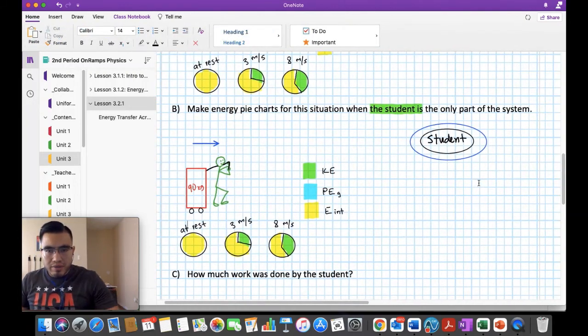If the student is the only part of the system, then I need to change my pie charts because the student starts at rest, internal energy, right? Now the student is moving at 3 meters per second. However, now I cannot justify body temperature or sound energy or anything, and the student is just getting tired.